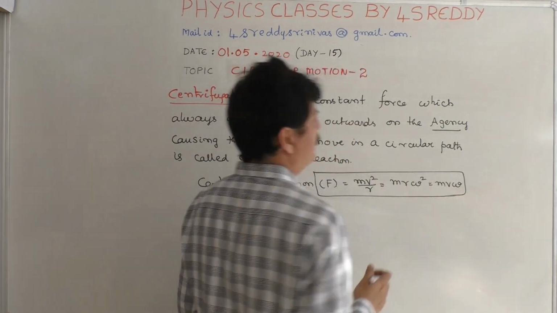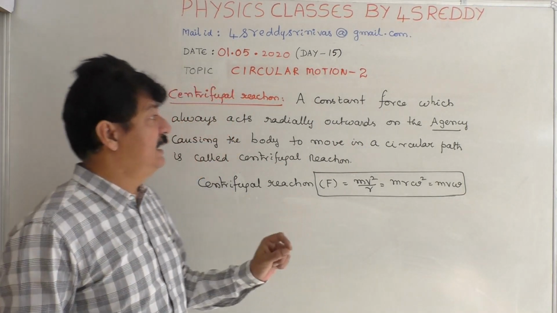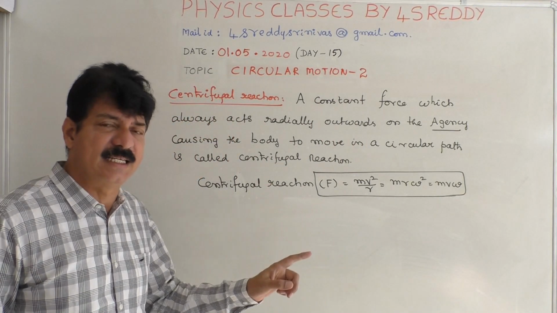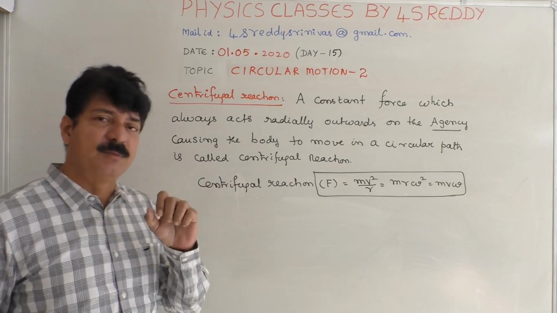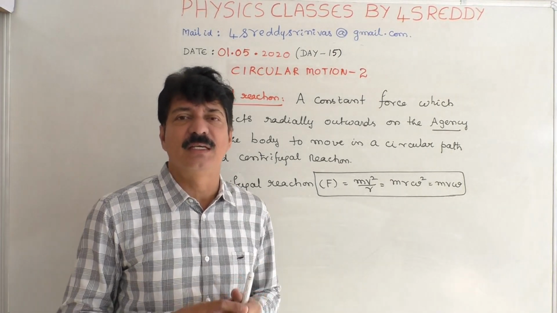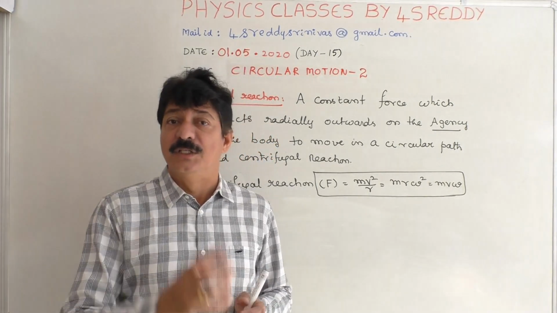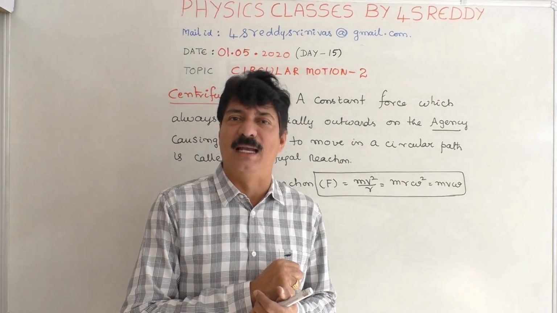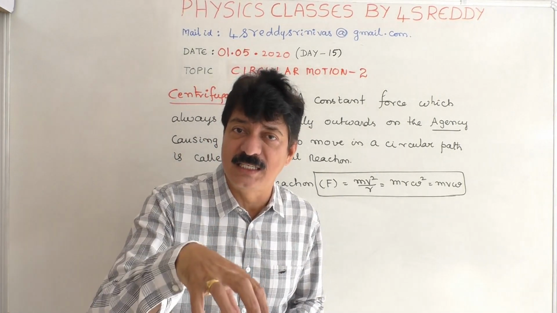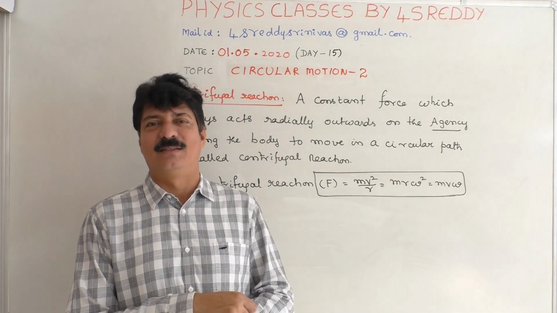So, a constant force which always acts radially outwards on the agency, causing the body to move in a circular path. This agent means here, when the electron revolves around the nucleus, the nucleus exerts the force on the electron. So here the nucleus is the agent which makes the electron move in a circular path.